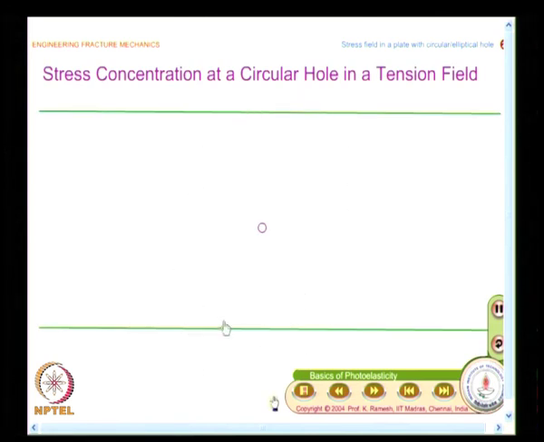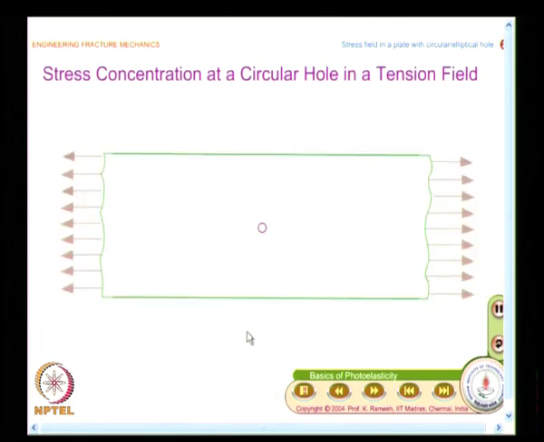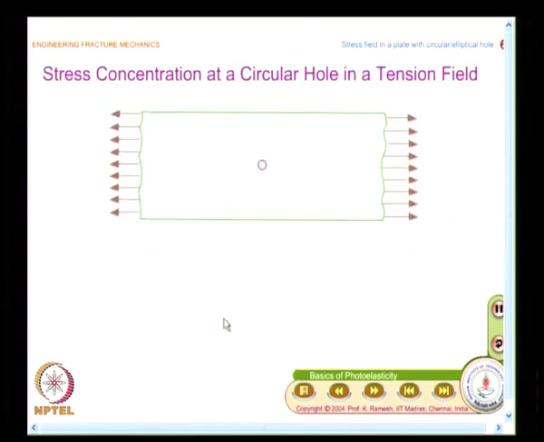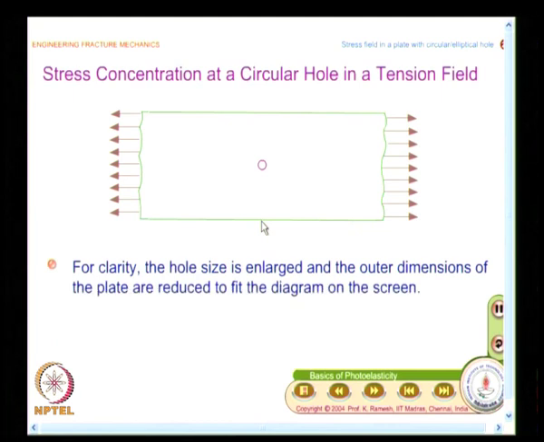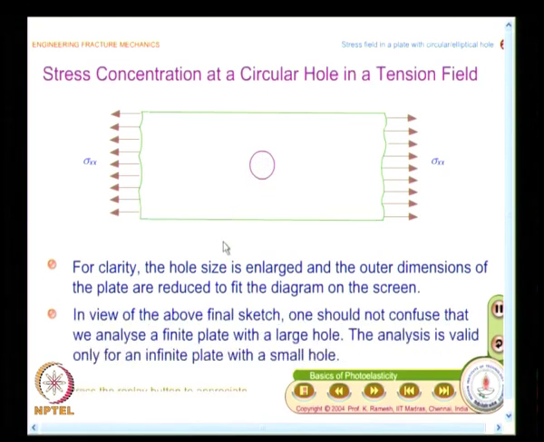And since we have a nice facility for animation, for illustration I have taken it like this. You have an infinite plate with a small circular hole that could be visually appealing, but when I want to do it in a finite domain, I have to take a finite diagram, and in order to see what kind of things I represent in the hole, I make it bigger. Because one of the common confusions I have come across in students is they do not recognize that theory of elasticity provides solution only for an infinite plate with a small hole.